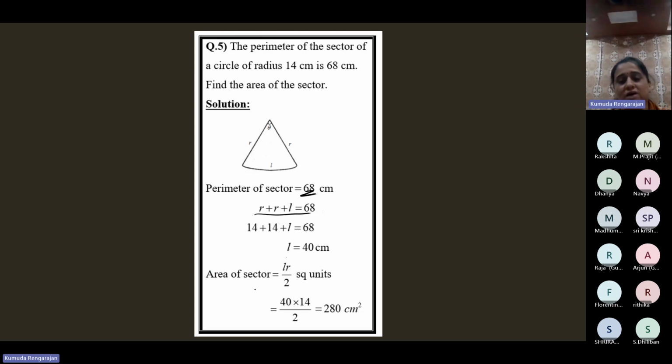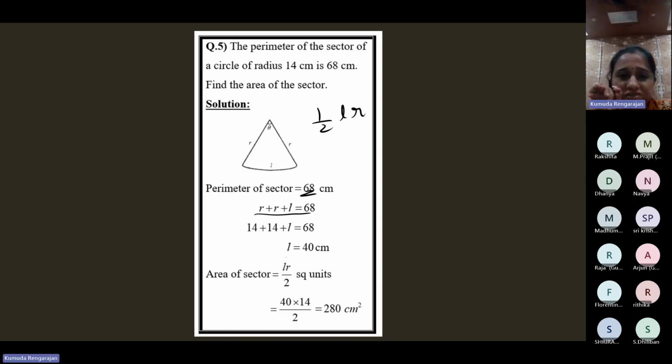Now for the area of the sector, I've given you this alternate formula also. When you know the value of L, area of sector is equal to LR by 2, or maybe your teacher has told you half LR. Both are the same. L is the length of the arc in that sector, not the length of any arc.